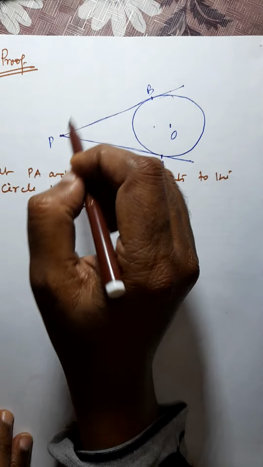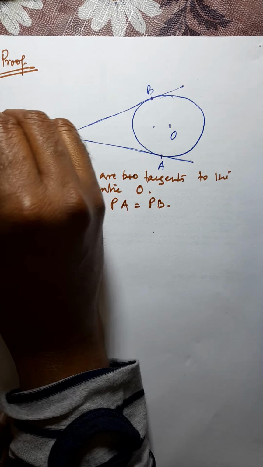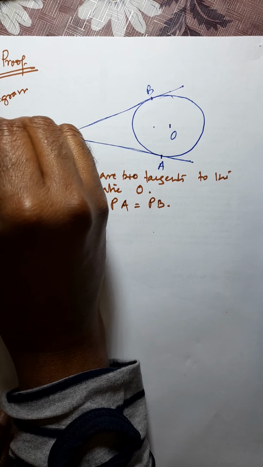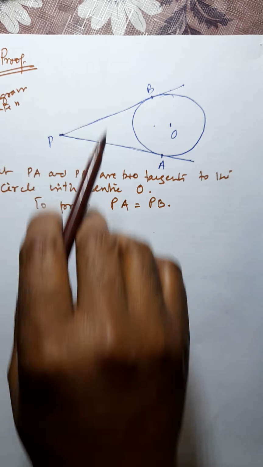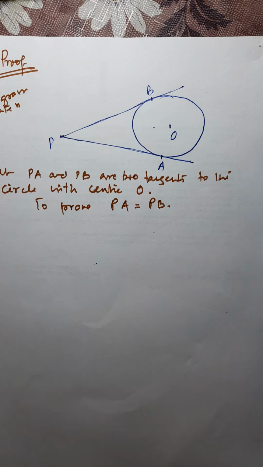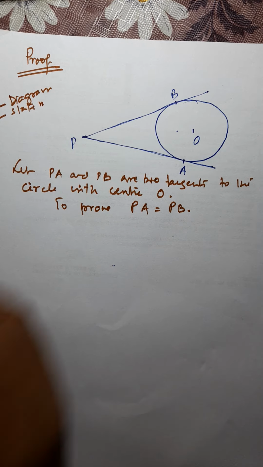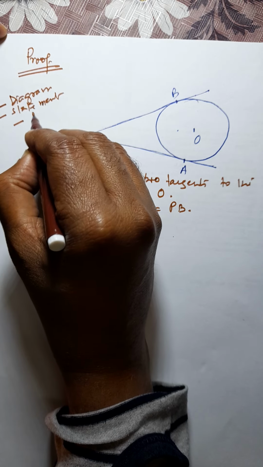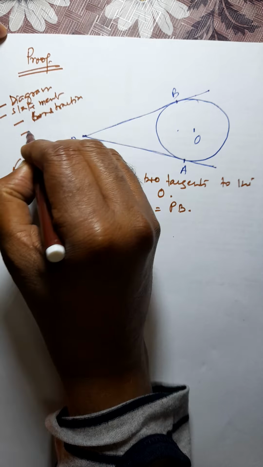So to prove any theorem, first thing is we need to draw diagram. Four things we have to keep in mind: diagram, then a statement, then construction if it is needed, and then proof.